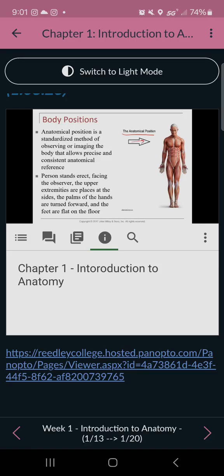And then facing the observer, and the upper extremities are placed at the sides, as we can see here in the figure. The palms of the hands are turned forward and the feet are flat on the floor, okay?